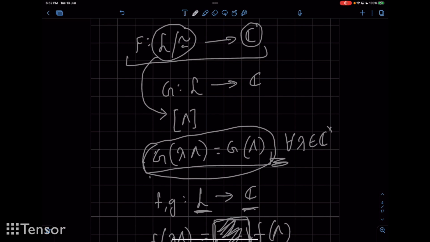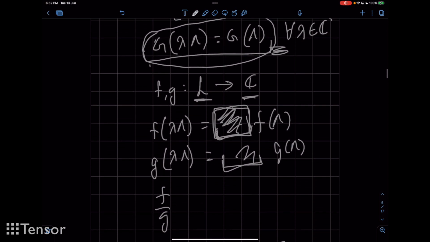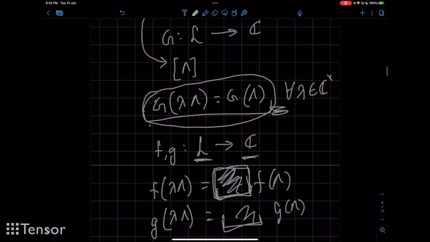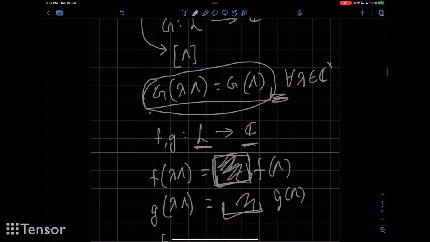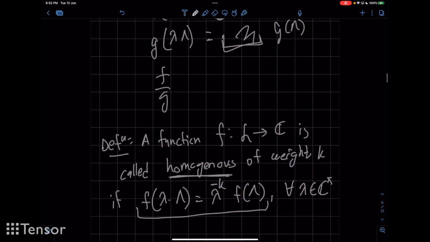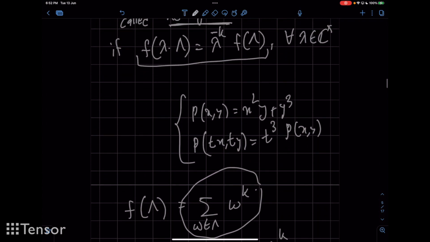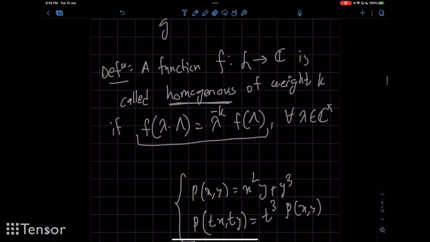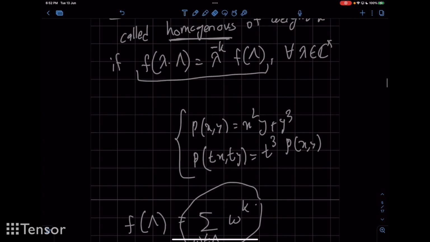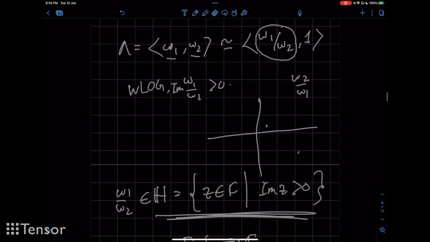Finding such a function is kind of difficult. That is why we defined homogeneous functions, because the ratio of two homogeneous functions has this property. We define homogeneity, and we put a negative sign in front of k because of convergence issues. So there goes the definition of a homogeneous function.